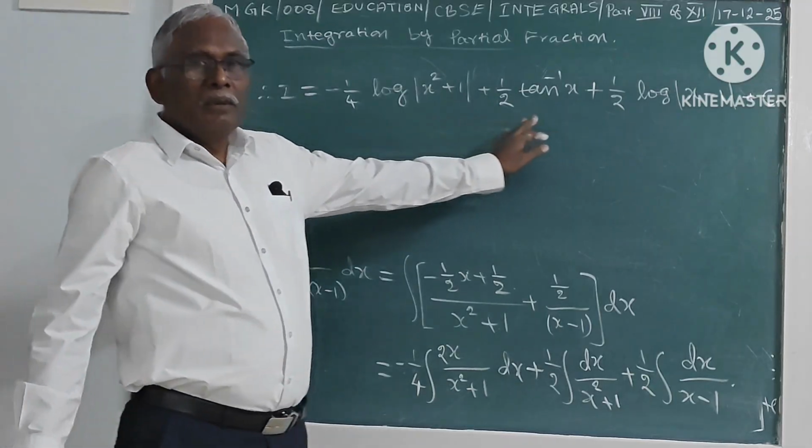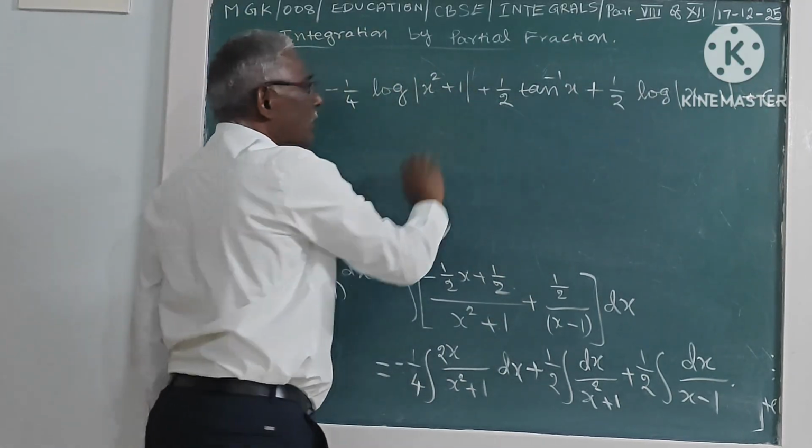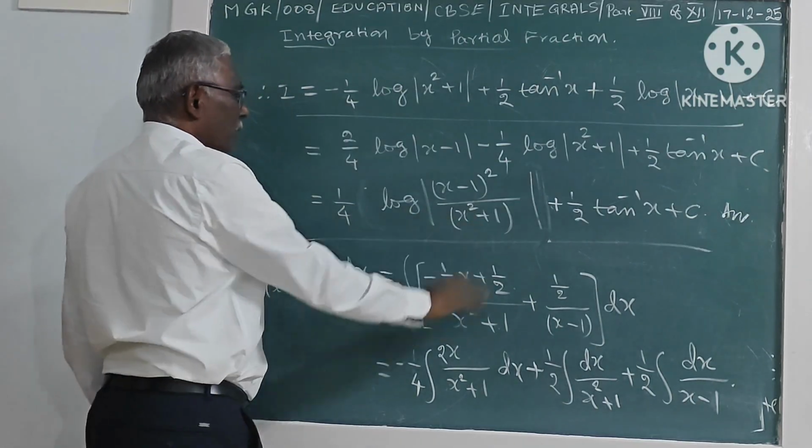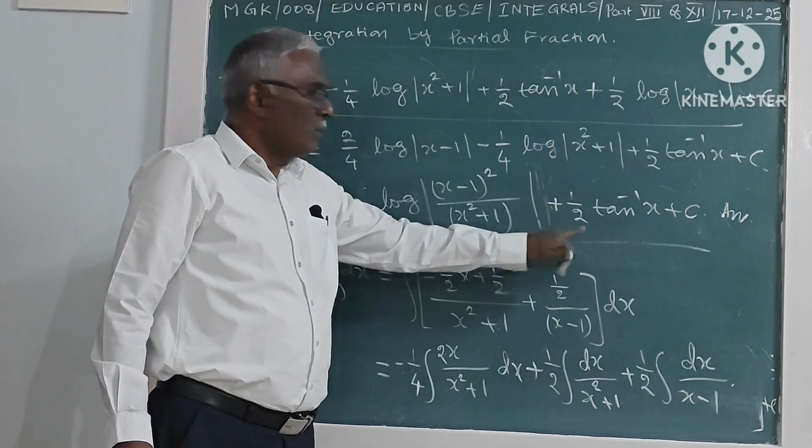So we can leave like this, or we can group these two terms together and we can simplify this. 1 by 4 into log of this whole square by this plus half times this one.